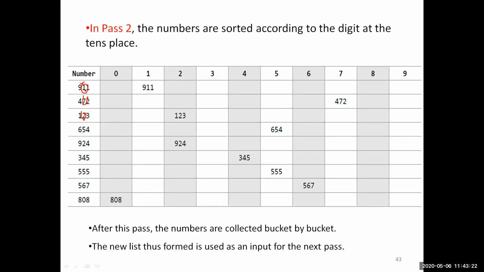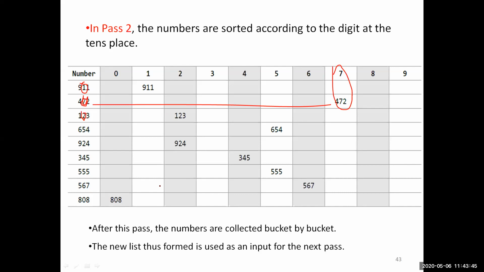So 911, when I take 1, will be placed in the first bucket. 472, because the tens digit is 7, will be placed in the 7th bucket. Then 123, and like that it goes on. I will place all the elements in the matrix, accordingly in the buckets.